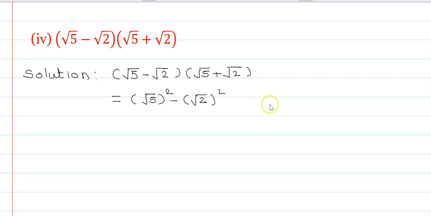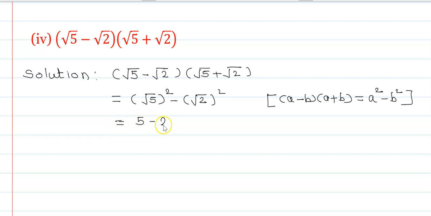Which is the formula? The formula is a minus b into a plus b, and that's equal to a square minus b square. Okay, what's the root 5 square? It's 5.